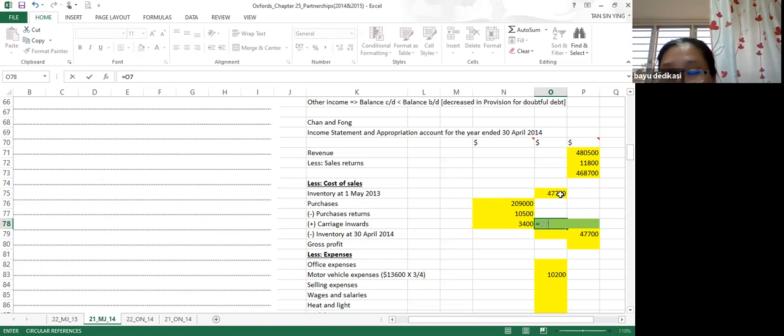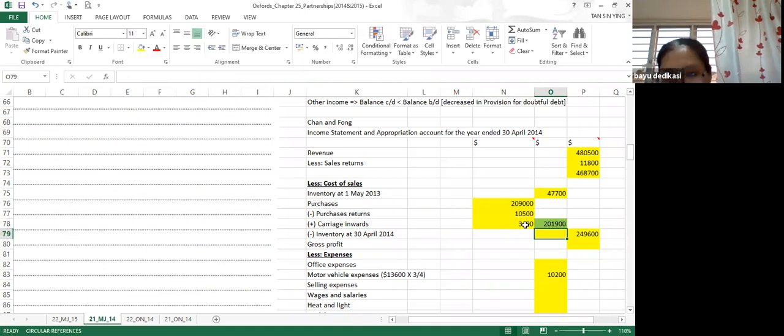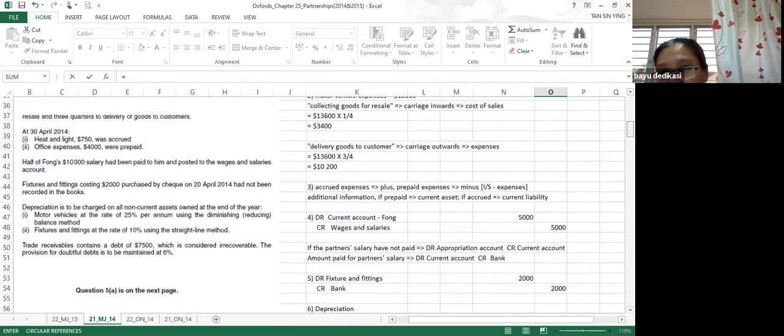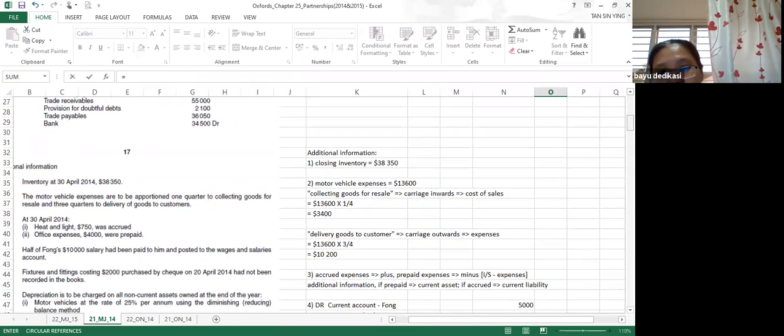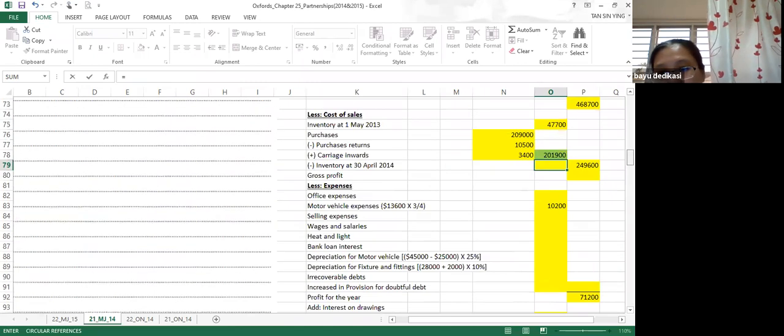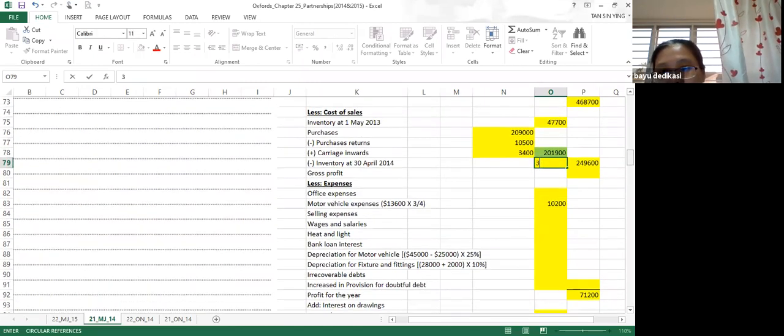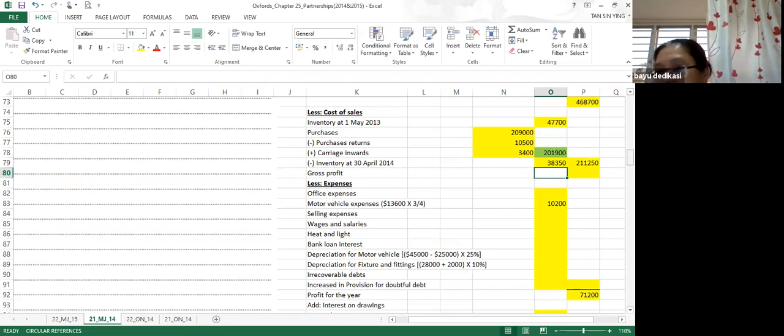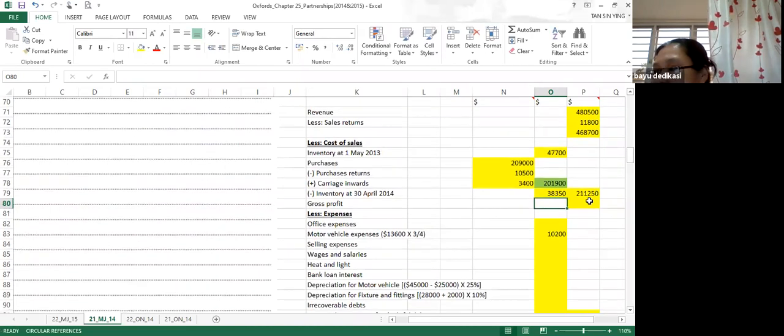No. This amount you have to take purchases, minus purchases return, plus carriage inward. And then your closing inventory. Okay, good. Now find your gross profit.